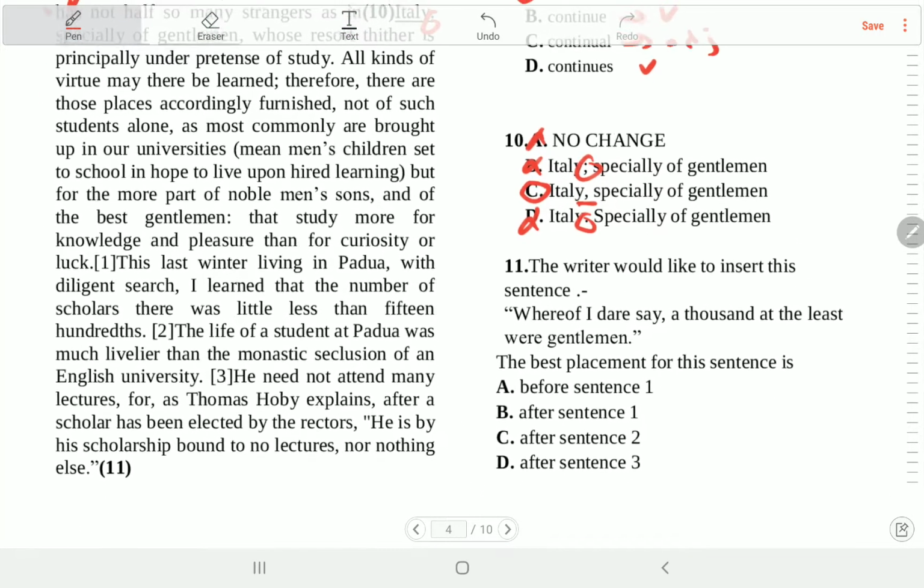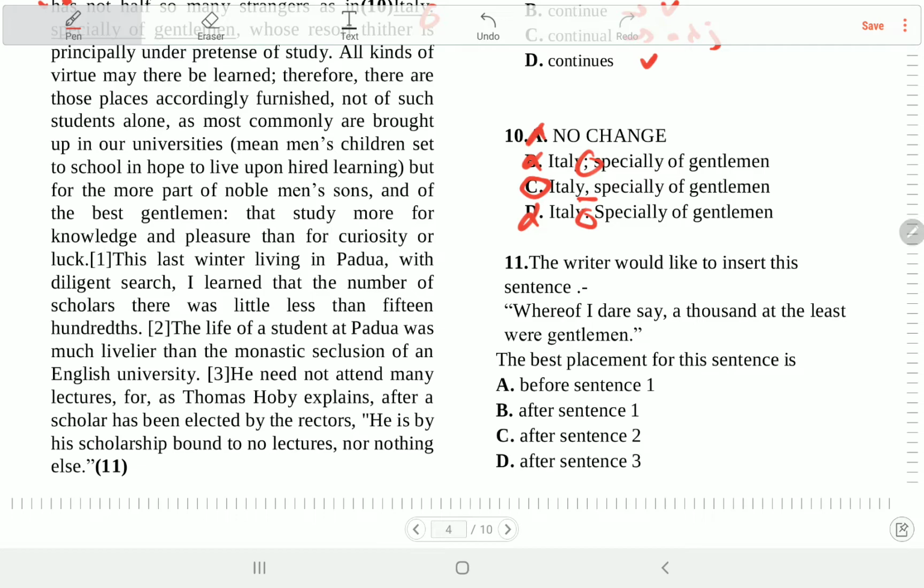Okay, the last one, 11. The writer would like to insert this sentence: Whereof I dare say 1,000 at least were gentlemen. We said that for inserting a sentence, placement, look for a clue: a word, an idea, the tense. Is it a broad idea or a specific idea?